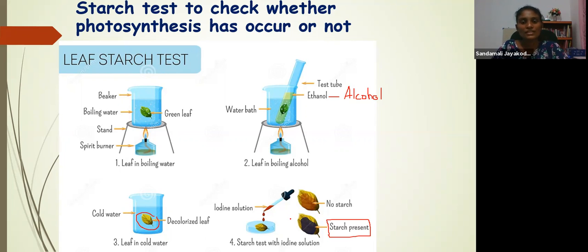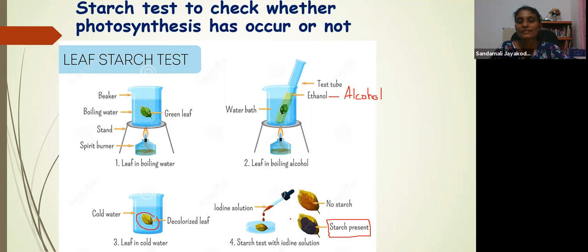And here, when we are given this diagram in our question paper, we get some extra questions. They ask why this ethanol-containing test tube is put in a water bath, when they could boil it in the direct flame. Why didn't they do that?